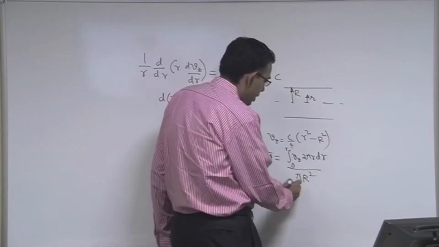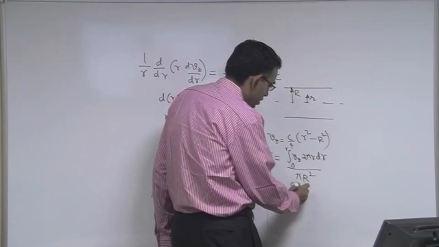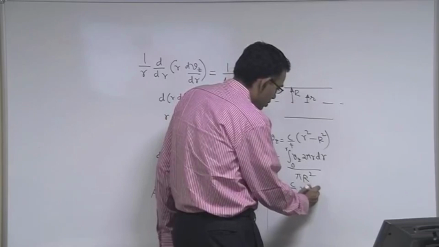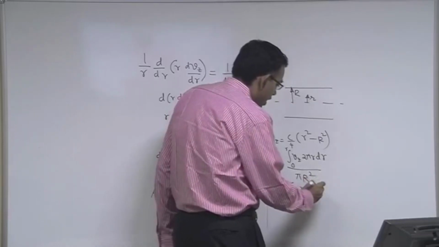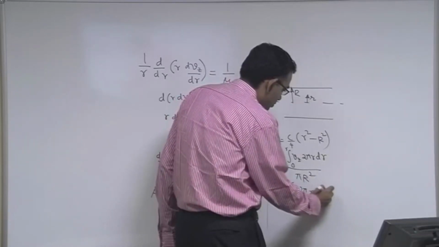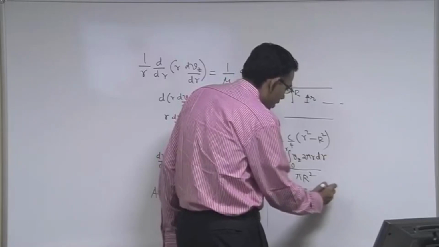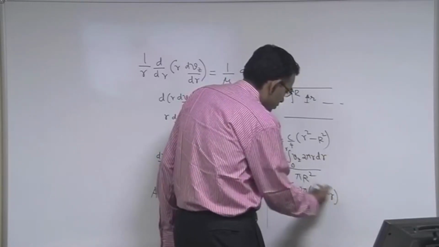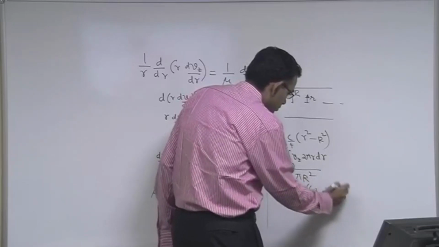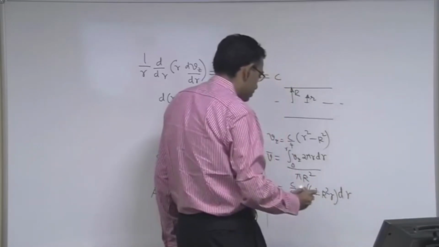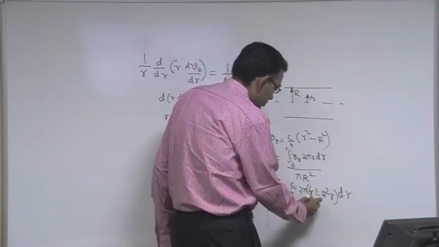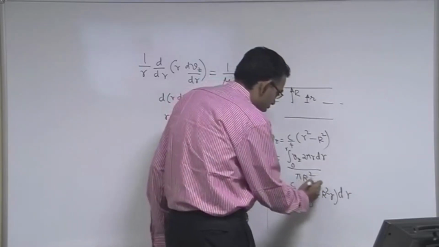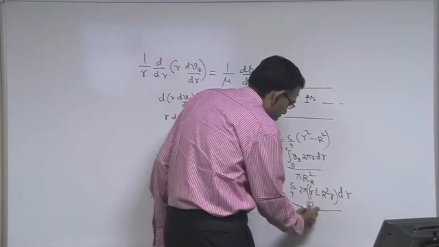So, C/4 into 2 pi into (R² r minus r³) dr, zero to R, by pi R².